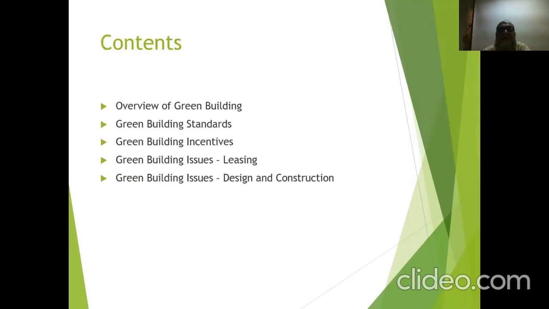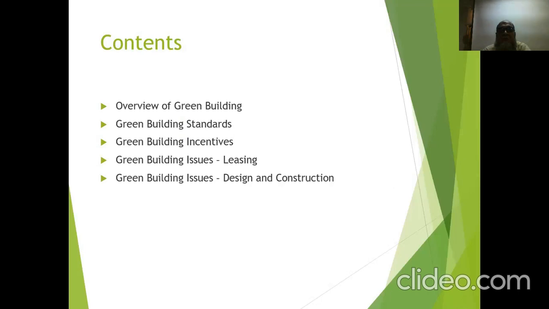So I finally start with my first topic, that is the green building concept. So what is a green building? Before I go, let's see what we are going to cover during this lecture. There is an overview of a green building. What are the standards? What are the incentives?